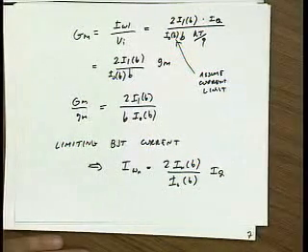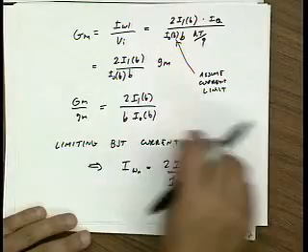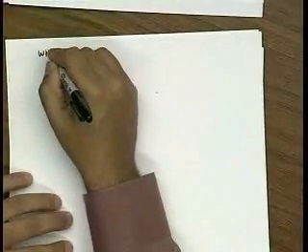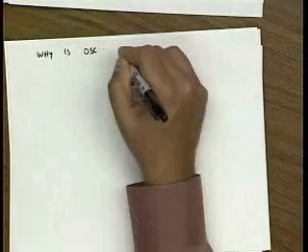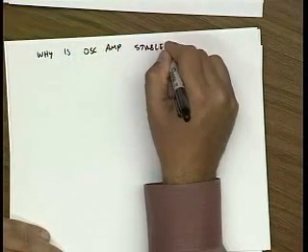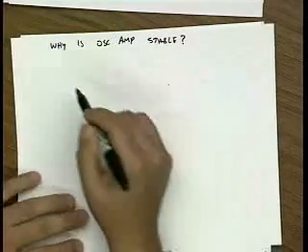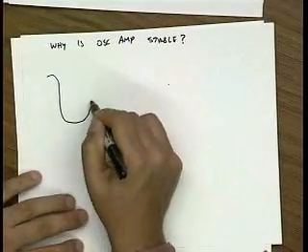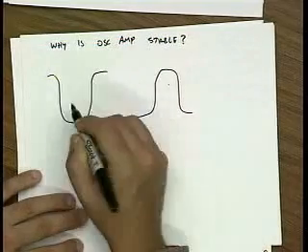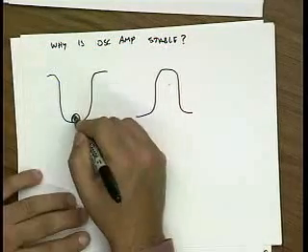Any other questions? All right, so now I want to talk about, so this is how we reach steady state, but why is the amplitude of oscillation stable? So let's ask the question, why is oscillation amplitude stable? And a graphical way of thinking about stability is to think of the analogy of having a ball in a bowl, right?